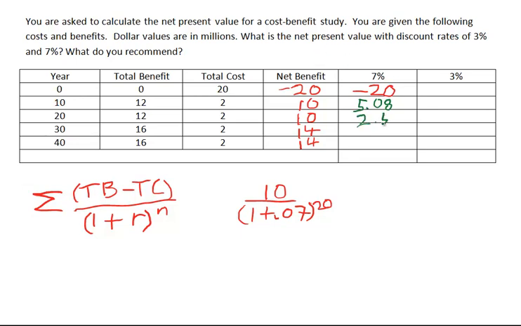Once I put it in my calculator. And then I do 14 divided by 1 plus 0.07 raised to the 30th power. So now we're going to be doing 14 divided by 1 plus 0.07 to the 30th power.